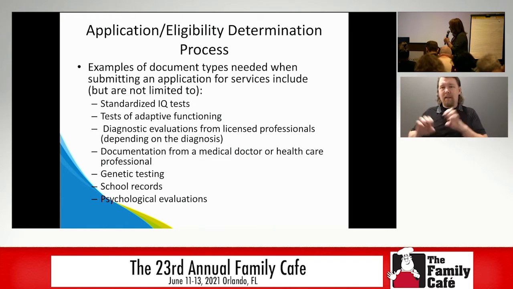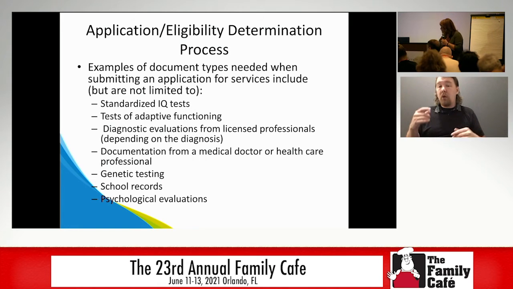In addition to that, we would need diagnostic evaluations from licensed professionals, depending on the diagnosis, of course, documentation from a medical doctor or healthcare professional, genetic testing, school records, or psychological evaluations.